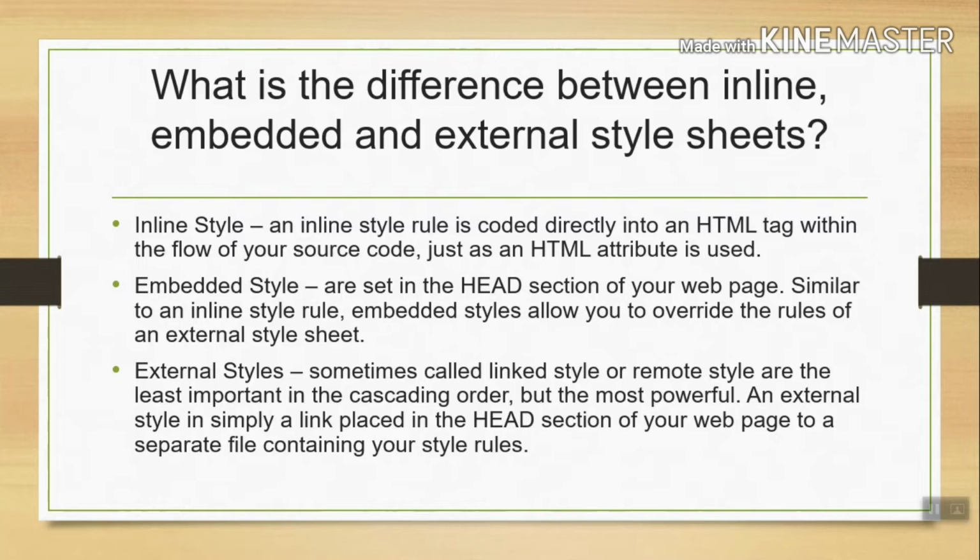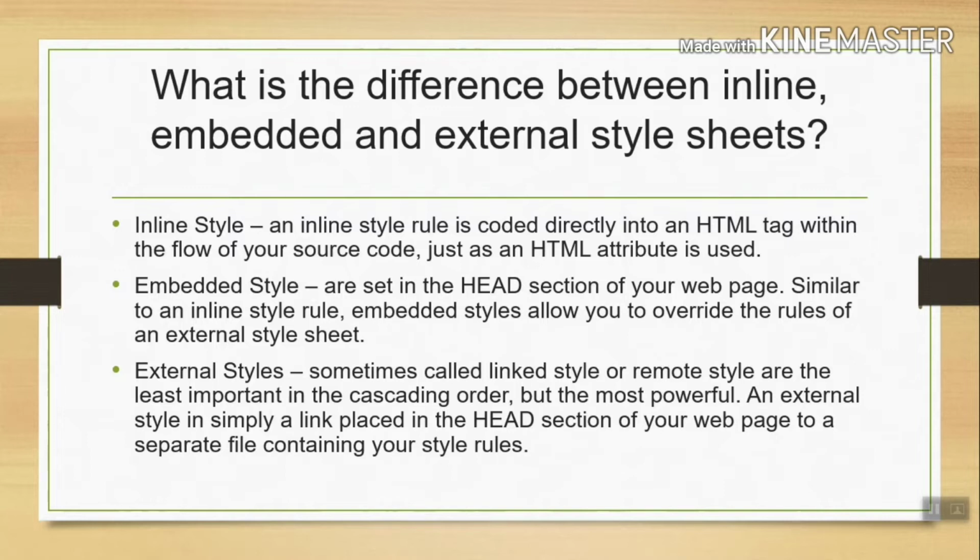What is the difference between inline, embedded, and external style sheets? Inline style: an inline style rule is coded directly into the HTML within the flow of your source code, just as an HTML attribute is used. Embedded styles are set in the head section of your web page. Similar to an inline style rule, embedded styles allow you to override the rules of an external style sheet.